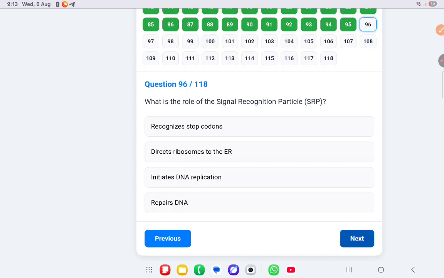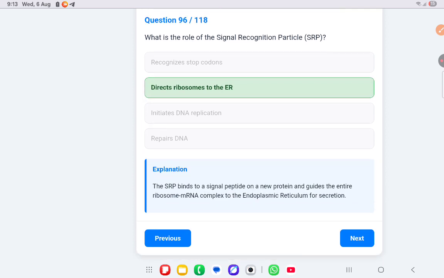Next, what is the role of the signal recognition particle, that's SRP? It directs ribosomes to the ER, the endoplasmic reticulum.